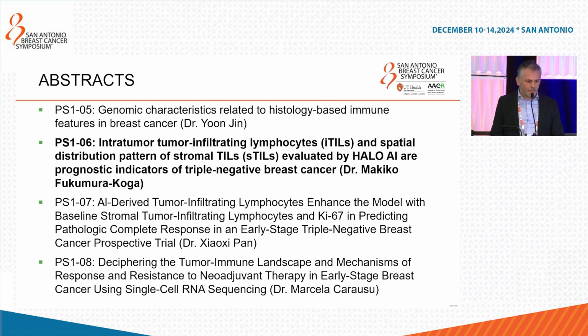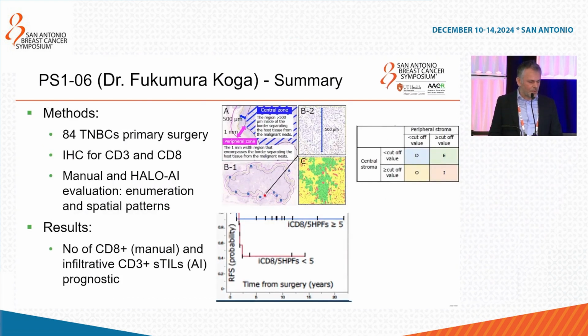Fukumura-Koga. And in this study, the researchers used a cohort of 84 triple-negative breast cancers treated with primary surgery, and they used immunohistochemistry to stain for CD3 and CD8. And then they used both a manual and an AI-based evaluation of the numbers and the spatial patterns of TILs.